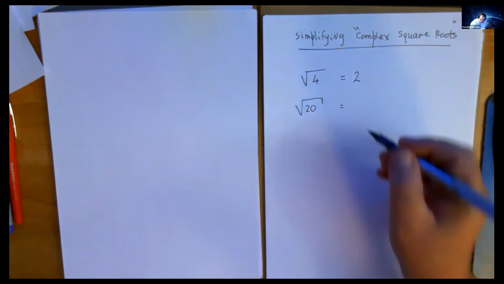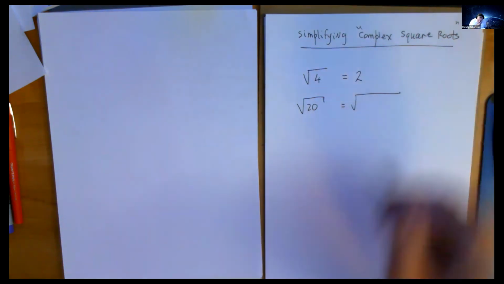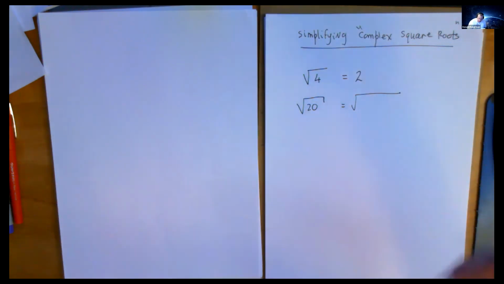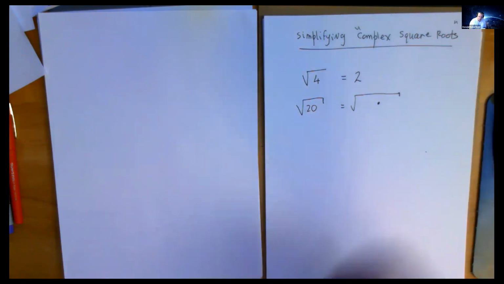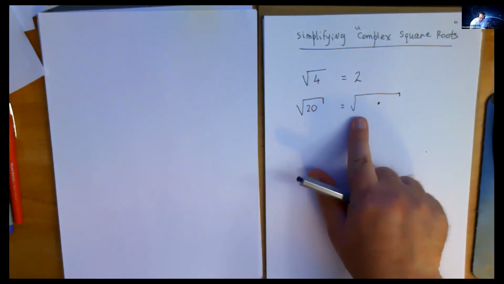Well, what you need to do in this question and the ones that come later is that you need to find two numbers that multiply together that give you 20. And one of these two numbers has to be what's called a perfect square.